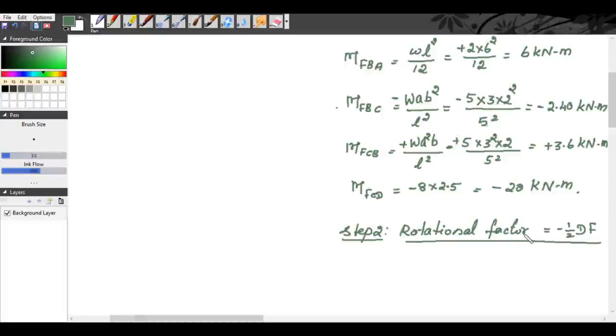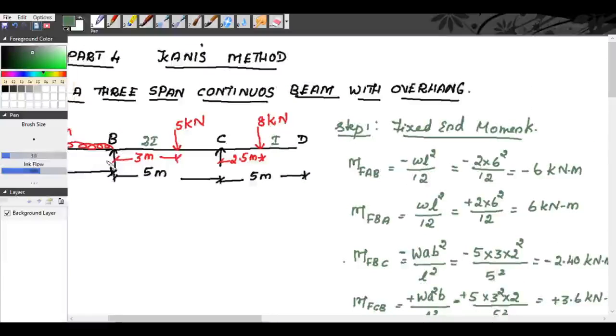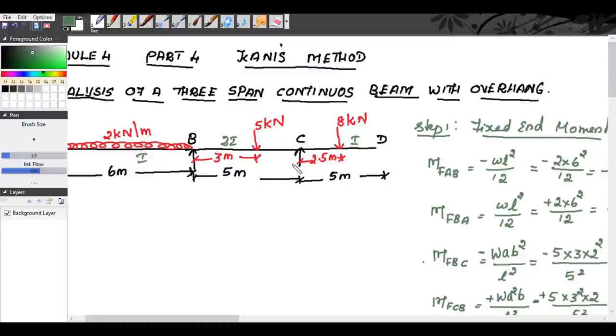So here we have two intermediate joints, that is joint B and joint C.